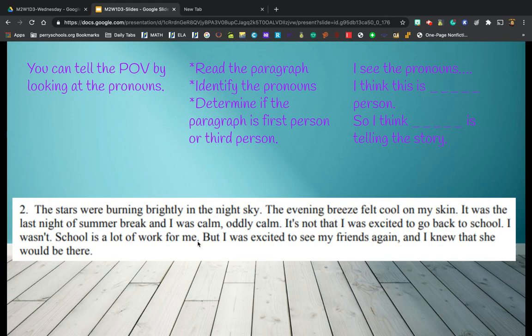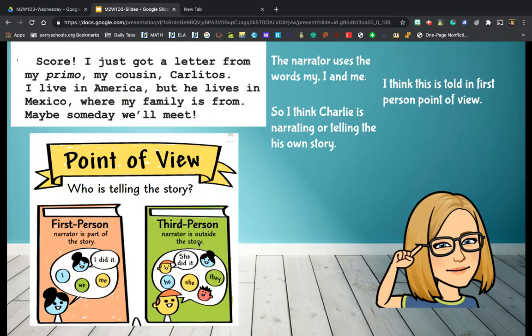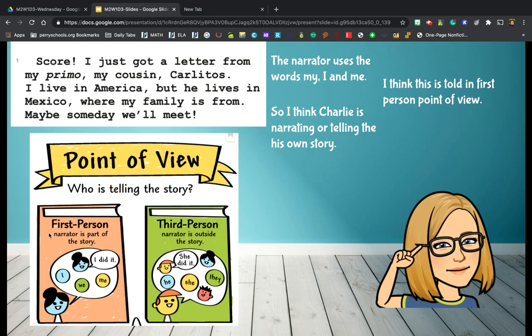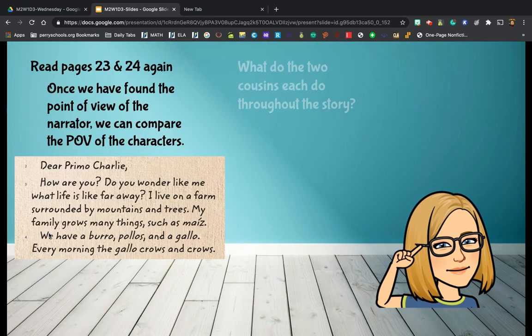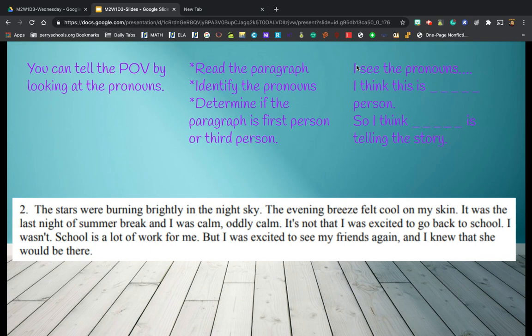When I think about that and go back to my point of view chart, I can see that if it's I and me, it's going to be first person point of view. So I can complete my sentence and say, I see the pronouns I, my, and me.